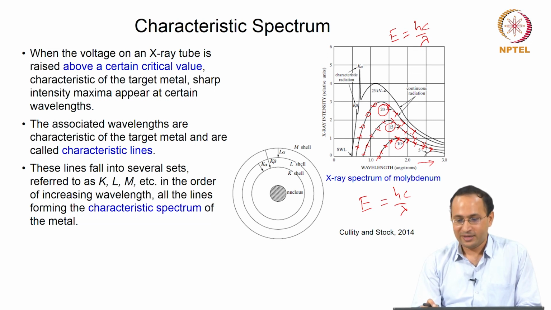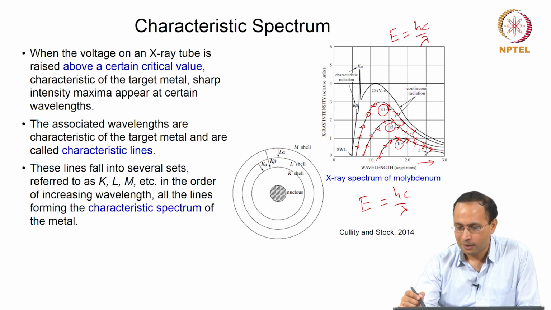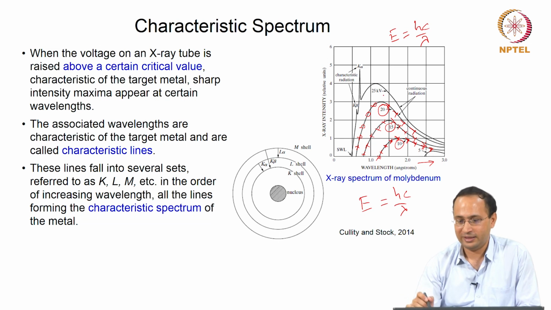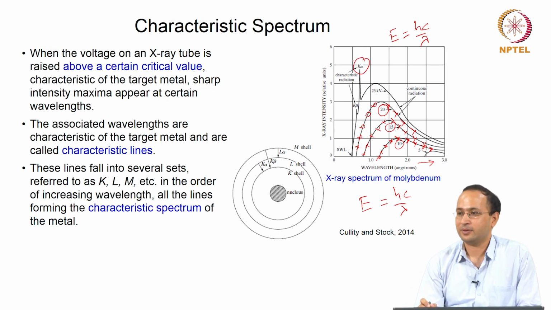But something happens when the voltage on an X-ray tube is raised above a certain value, in this case 25 kV. Then a characteristic of the target metal, a sharp intensity maxima, appears, which is not present in the other continuous spectra.